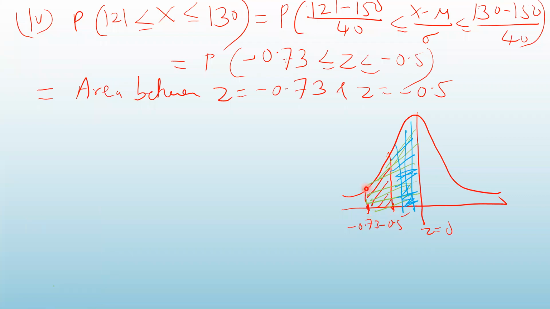We have the areas available in the table only from Z equal to 0 to a positive number. But the area between 0 and a negative number will be the same as the area between 0 and that positive number because of the symmetry. So the area between Z equal to 0 and minus 0.73, which I am denoting by green, minus the area between 0 and minus 0.5, gives the area between Z equal to minus 0.73 and minus 0.5. So let me write that down.